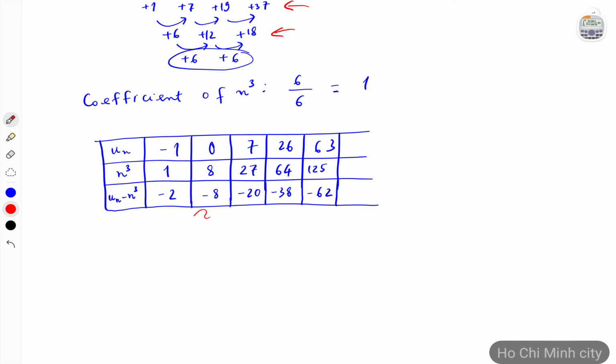We need to notice the difference between two consecutive terms.